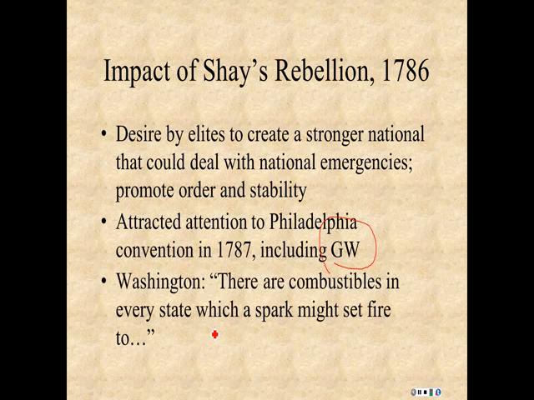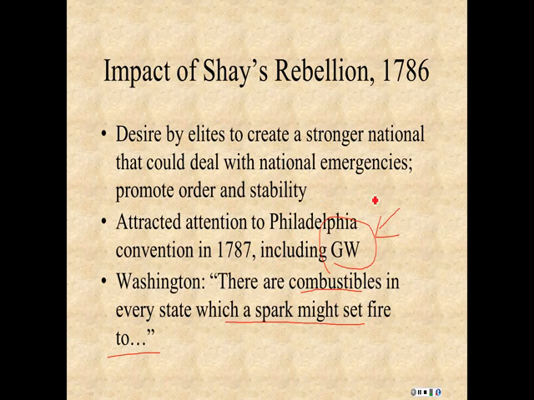And the full text of it, he's talking about his fear after Shays' Rebellion that there are these combustibles in every state which a spark might set fire to. He says, good God, we need to do something about this. And it's George Washington who gets behind this idea of needing to meet in Philadelphia, 1787, a convention that was already scheduled, but there wasn't much excitement or buzz in the colonies around it, not the colonies anymore, but in the states around it.